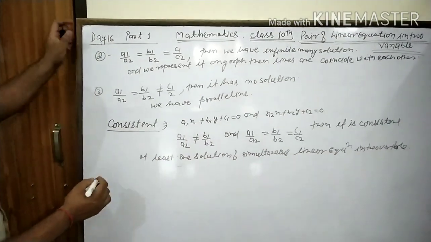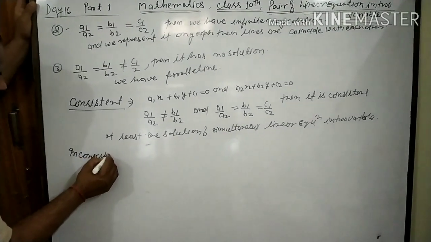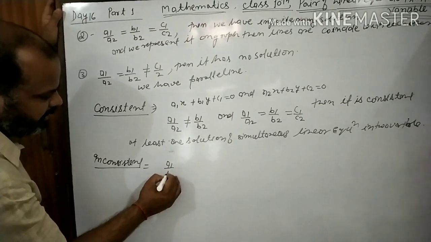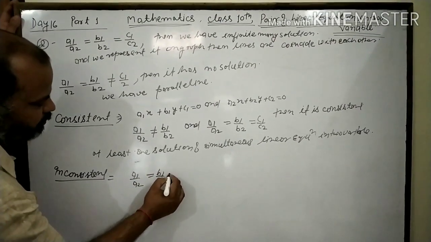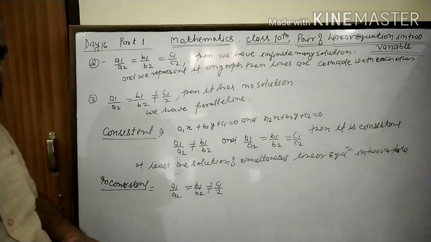Then after, inconsistent. Inconsistent means if a1 upon a2 is equal to b1 upon b2 is not equal to c1 upon c2. This is inconsistent.